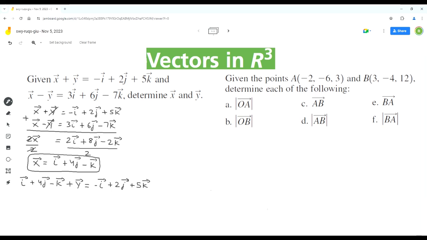Now we have to isolate y. So for that we'll have to subtract i from both sides and subtract 4j and add k on both sides.